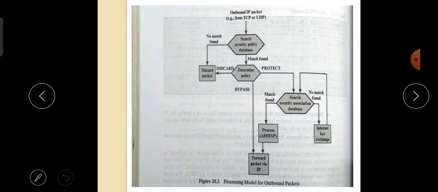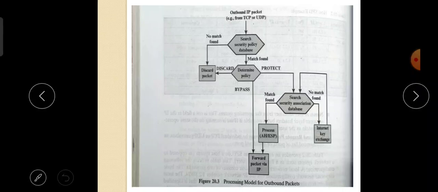If no entry is found, then IKE, Internet Key Exchange, is invoked to create an SA with the appropriate keys, and an entry is made with the SA.